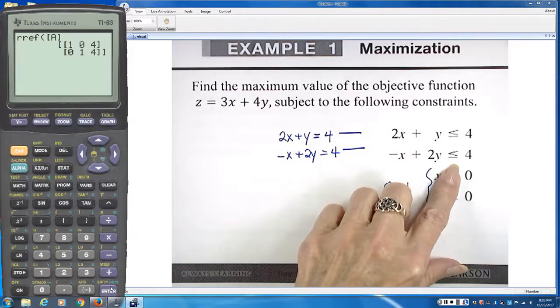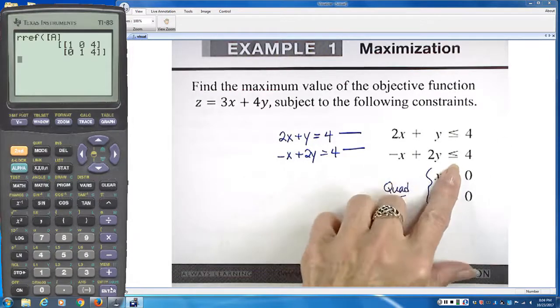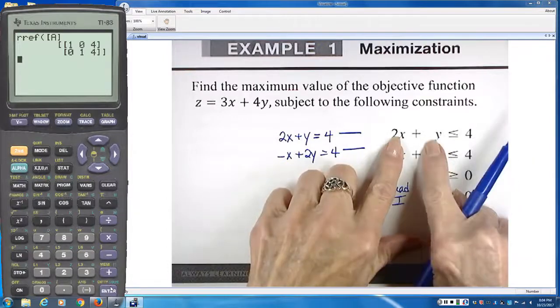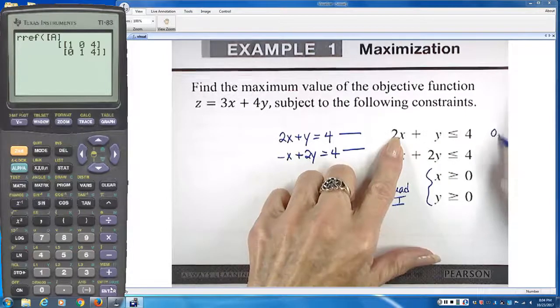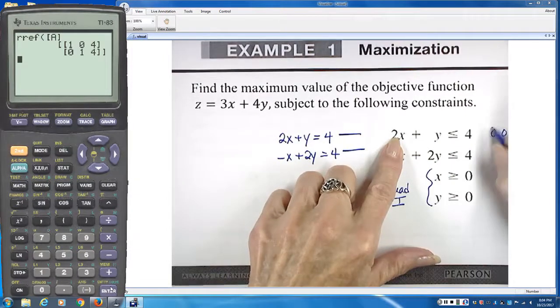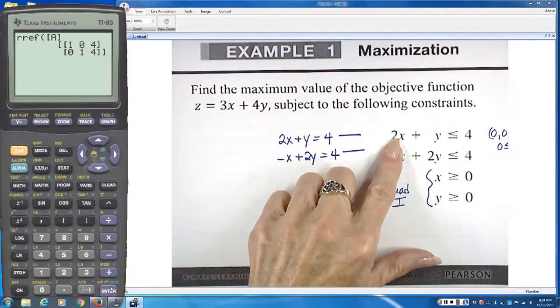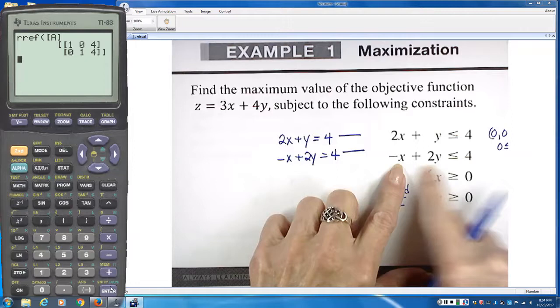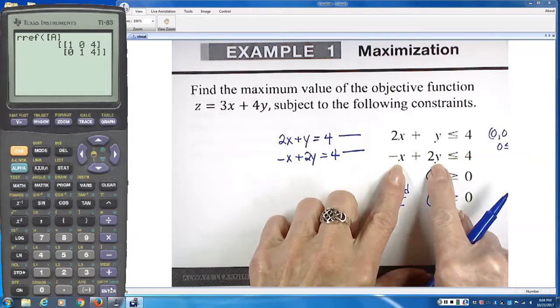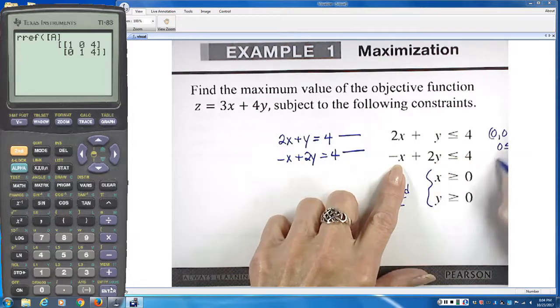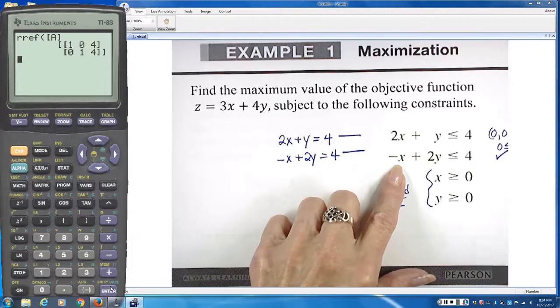And we're going to be able to test 0, 0 in both of them, because 0 plus 0 is equal to or less than 4 is true. And negative 0 plus 0 is still 0, and 0 is equal to or less than 4 is still true.